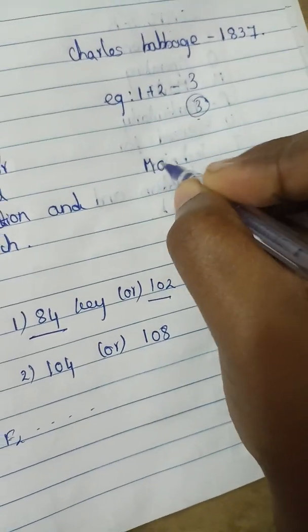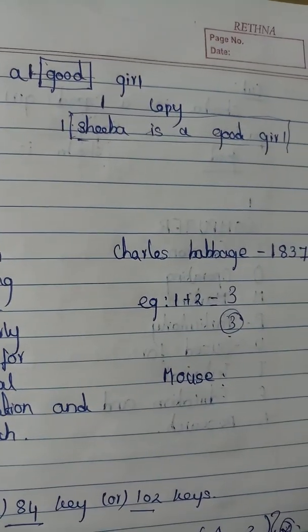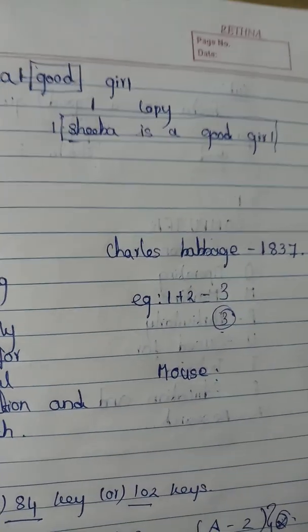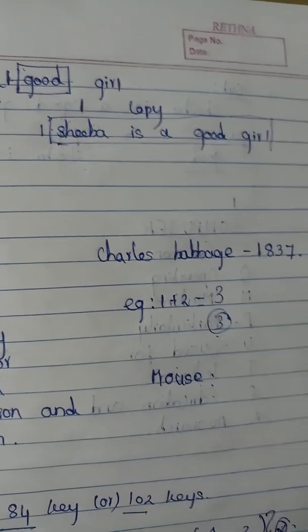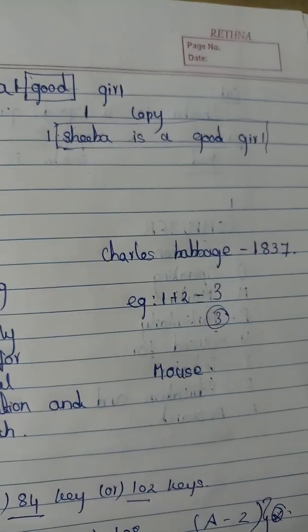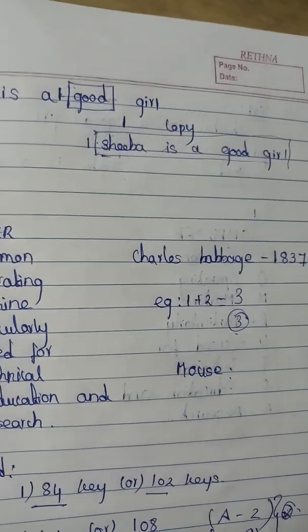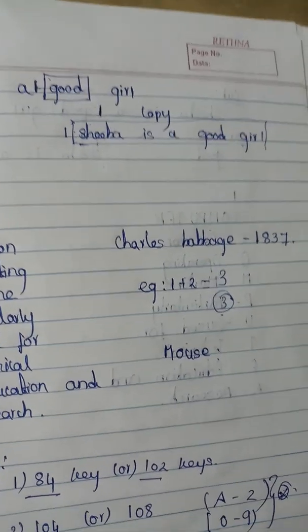Okay, then the mouse. Can you say whether the mouse is an input or an output device? Mouse is an input device. Am I right? Yes, the mouse is an input device. It has 3 buttons: left button, right button, and then scroll button.